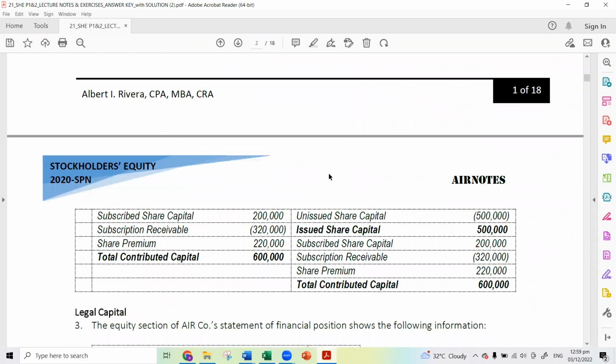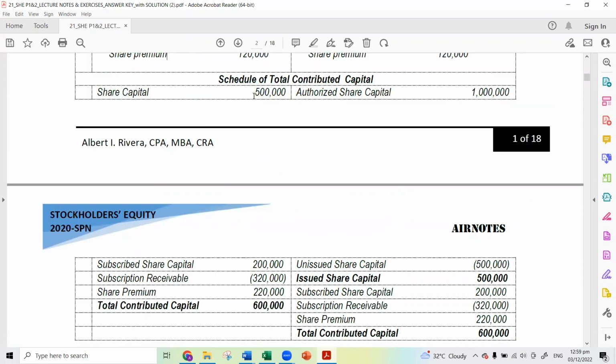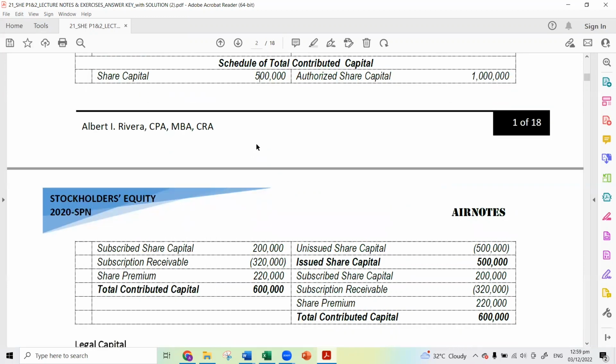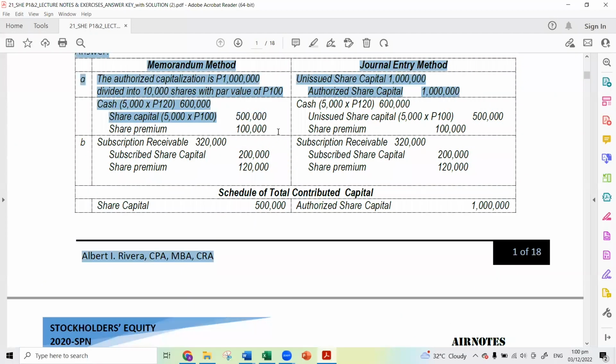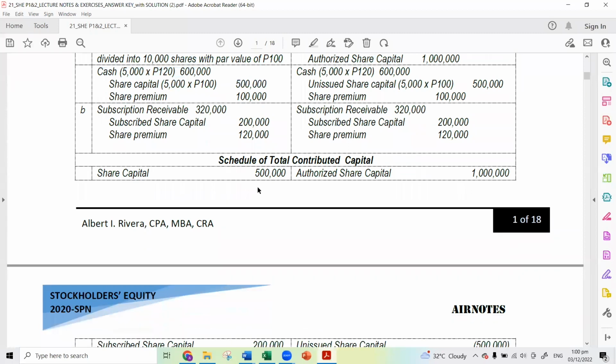So this includes your share capital, subscribed share capital, minus the subscription receivable, and your share premium, that is your total contributed capital. This is 220,000 coming from here, 100 and 120.